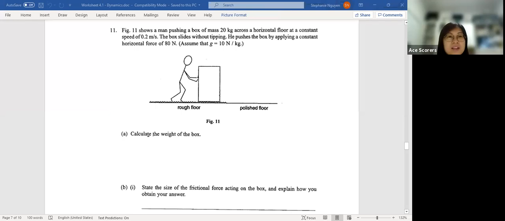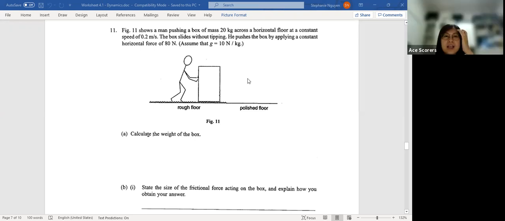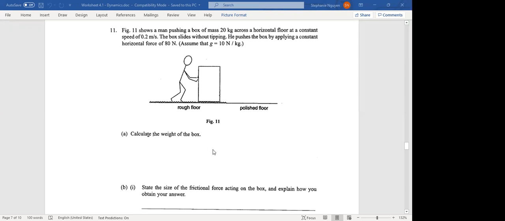Yeah, so I was talking about this question 11. Could you hear me, Jane? Yeah. Okay, I was talking about this question 11, and I'm supposed to find the weight of the box. So given that the mass is 20 kg, how do you convert this mass to the weight? Newton, I think. 200 Newton.